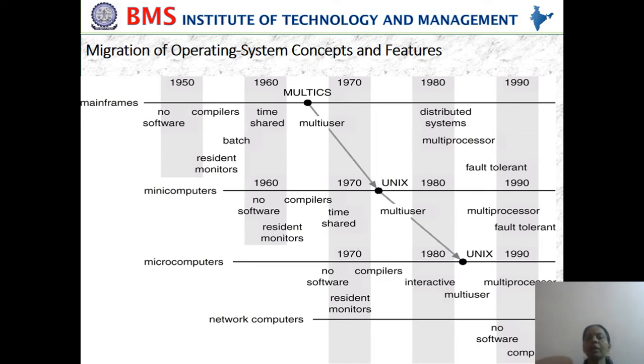In the 1960s minicomputers started, but without much high-end software. When we come to the 1970s, even in minicomputers, time sharing was there. Then microcomputers were also there in the 1970s, and network computers were also there.